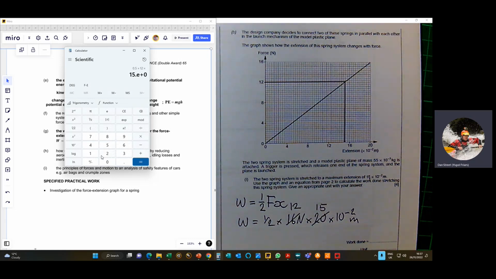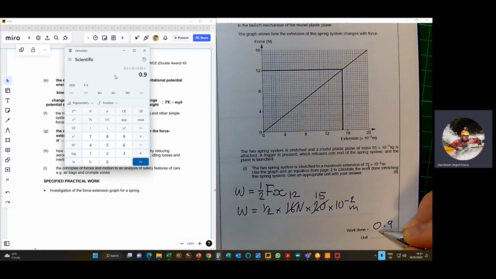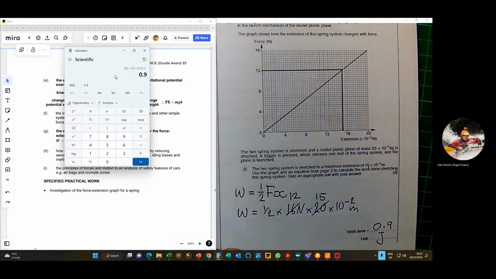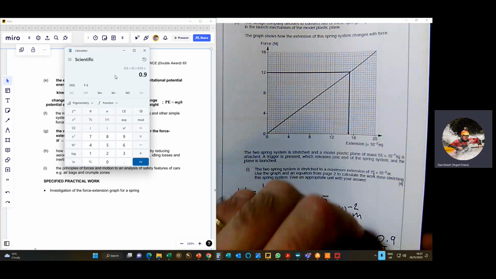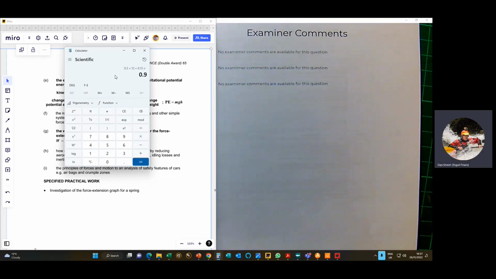Okay, so that's 15 times 10 to the minus 2 gives us 0.9. So 0.9, and because this is work done, and work done is energy, then the units that they're looking for here are joules. Okay, so 0.9 joules of energy.